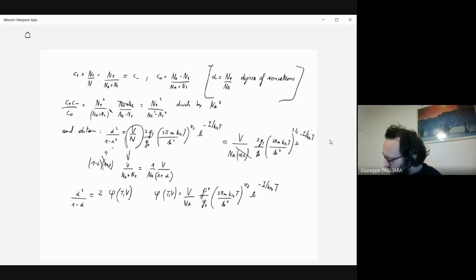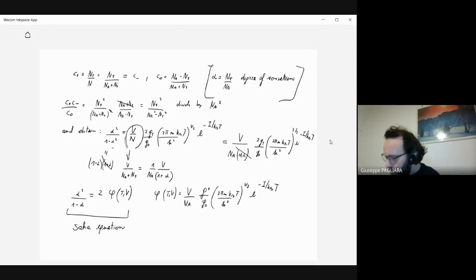So this equation here is called the Saha equation. And maybe for those of you who are following cosmology or have done cosmology in the past, maybe they have already seen this equation. I don't know if in this form or in another form. And okay, let me make some comments before going on.